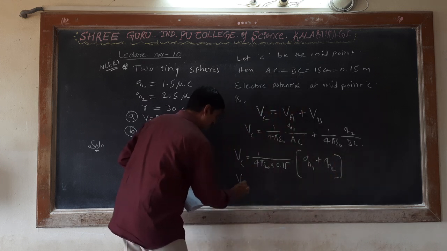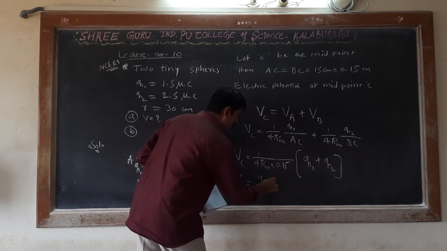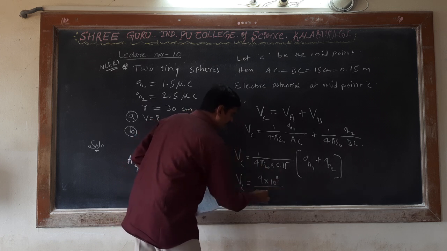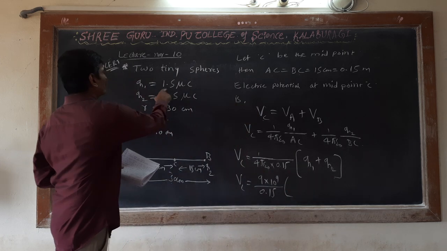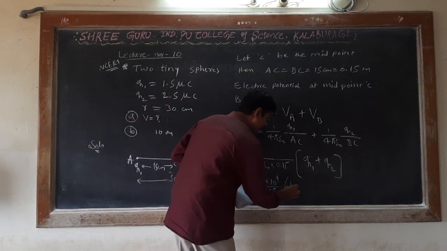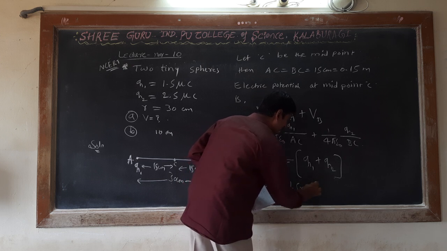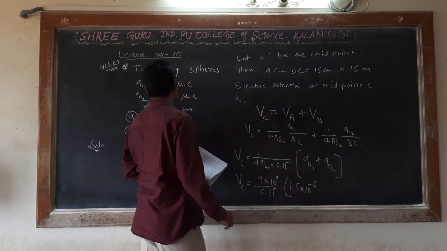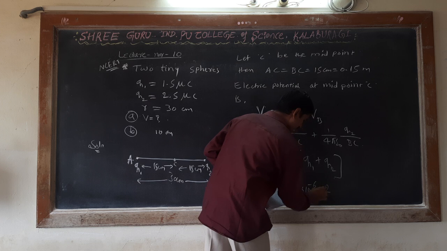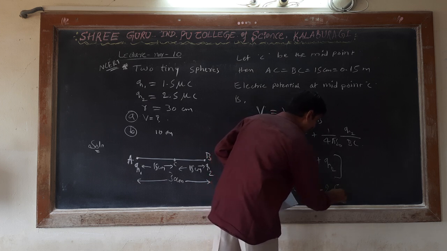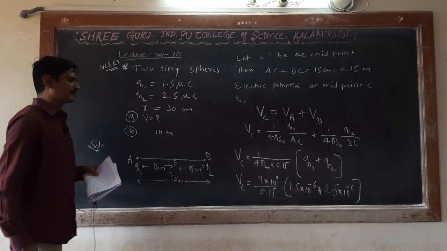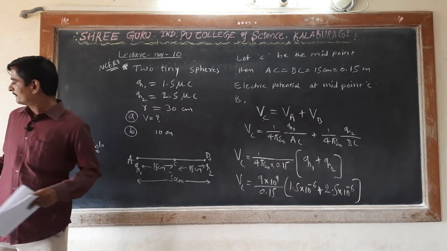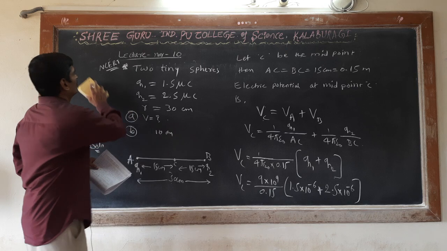So therefore VC is equal to 1 by 4 pi epsilon naught is 9 into 10 to the power 9 divided by 0.15, and charge Q1 is 1.5 microcoulomb, that is 1.5 into 10 to the power minus 6, plus Q2 is 2.5 into 10 to the power minus 6. 10 to the power minus 6 is also taken common, and simplify this one.